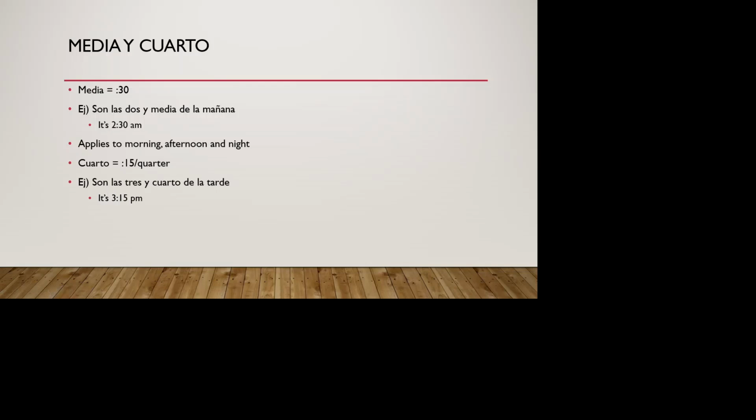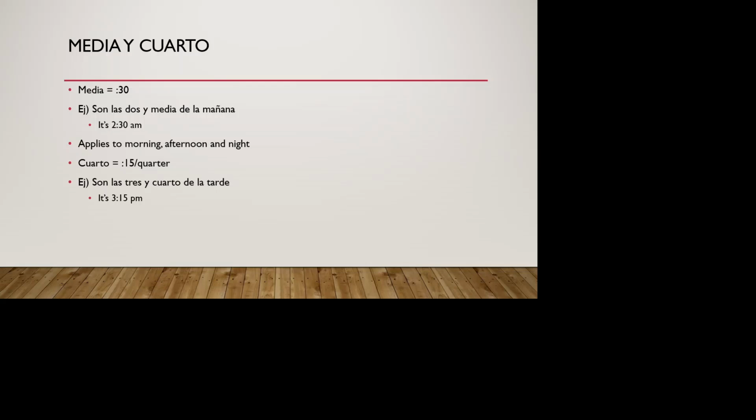It's 3:15 p.m. Just like with media, you can say "son las 3:15," but it will sound a little funny. You definitely get your point across, but just like I was saying with media, it sounds a little more native-like if you use cuarto, because cuarto literally means quarter. So you'd be saying it's 3:15 basically.